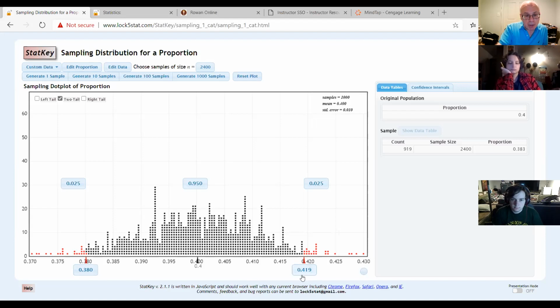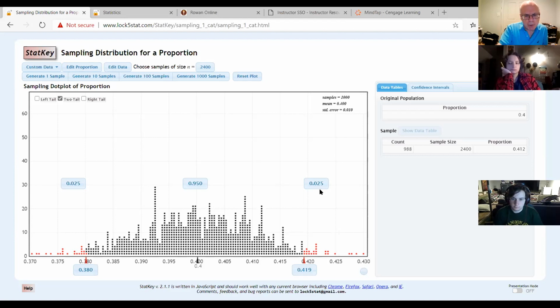That means 5% are outside that range. 2.5% to the right, that's the red dots over here, and 2.5% on the left. What's 2.5% of 1,000? That's 250. Not 250. Sorry. 2.5. Did I say 25%?